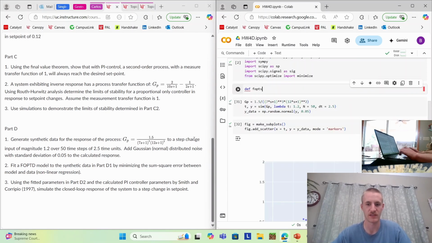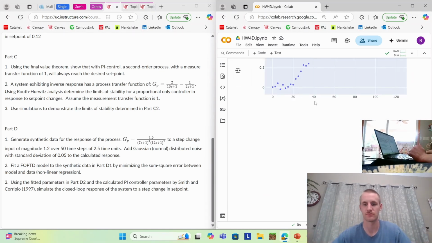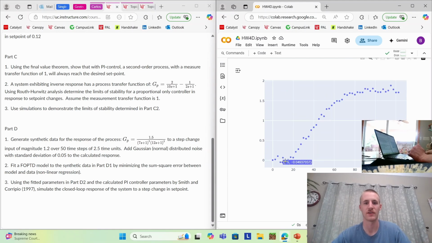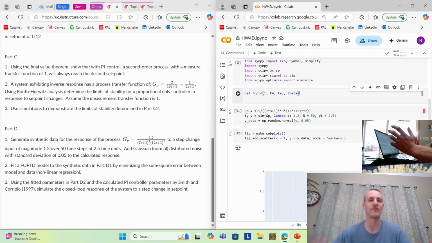To define FOPTD, it's going to have time. It popped up for me. It's going to have Ka, tau, and theta. So theta is our time shift.